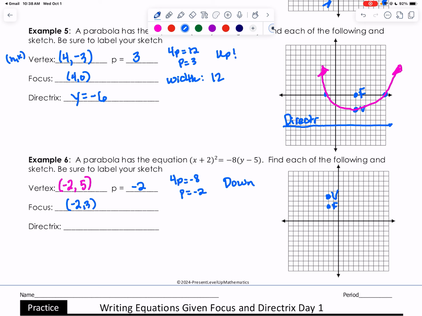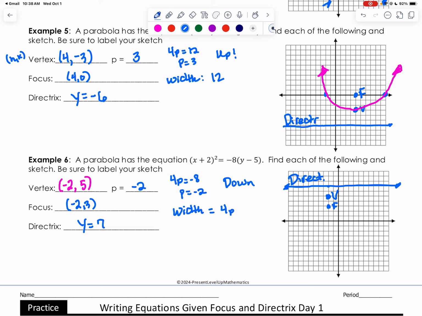To find my directrix, I go 2 units in the opposite direction. So here's my directrix. So that would be y equals 7. Label it. Okay. Then the only thing I need to do now is to find the width of the parabola and sketch it. So the width is equal to 4p.